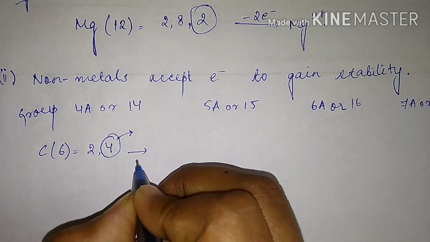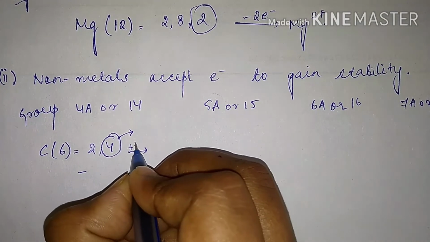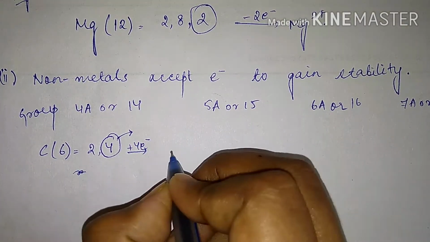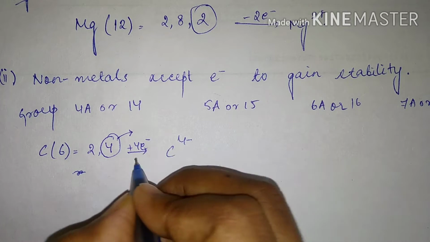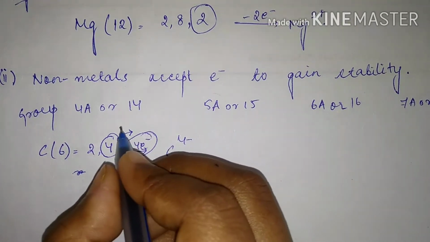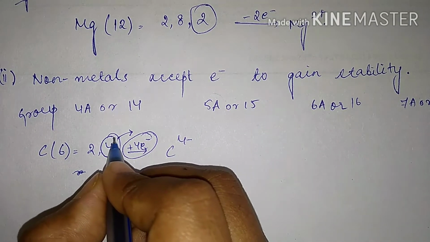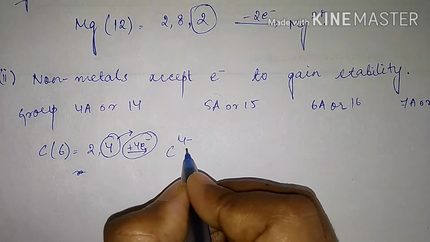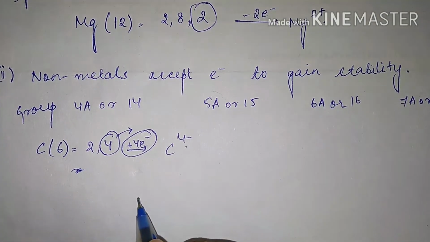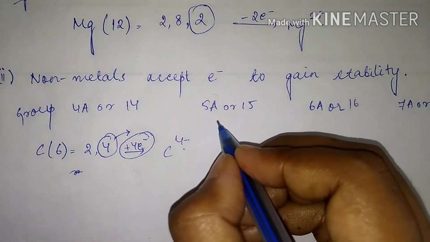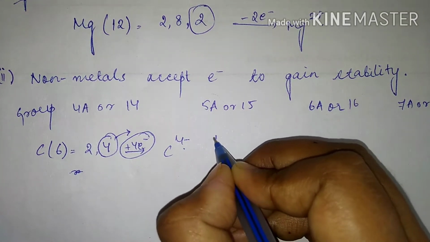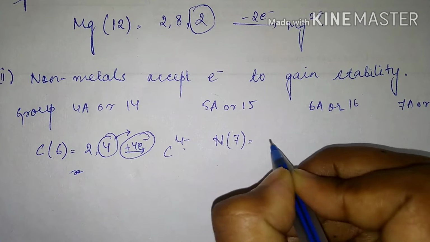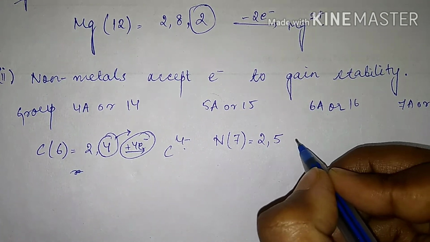So after it accepts 4 electrons, it becomes C4 minus. Why minus charge? 4 electrons are getting added in the last shell of carbon, so it becomes 4 negative. Next we have an example from the 5a group, nitrogen, atomic number 7, electronic configuration 2, 5.